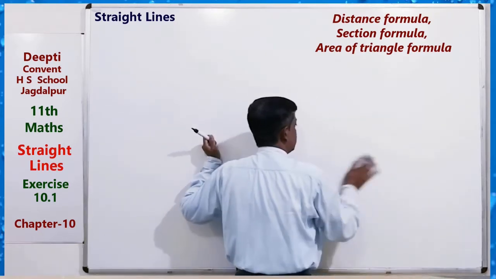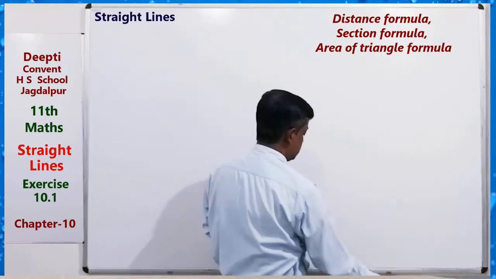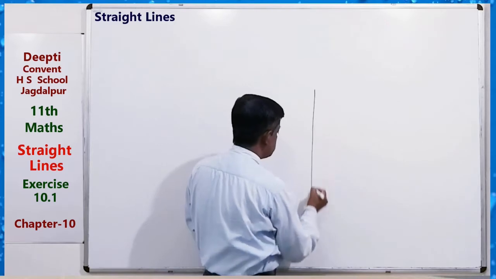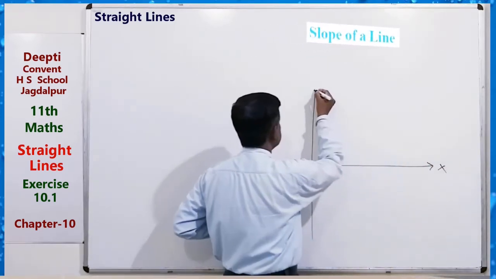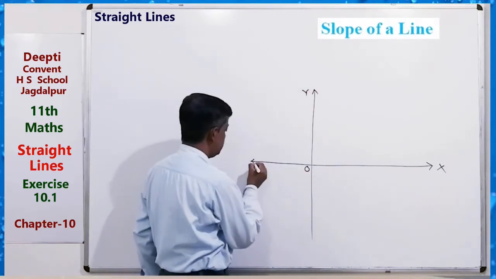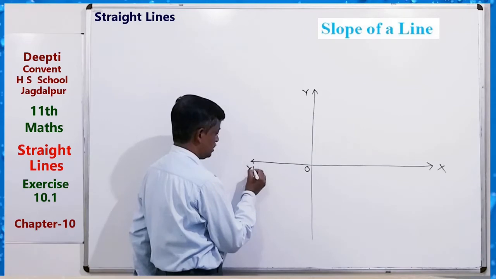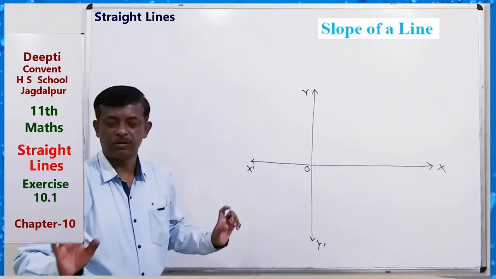First of all, suppose this is our two-dimensional plane, x-axis, y-axis, this is the origin, x dash, this is y dash.